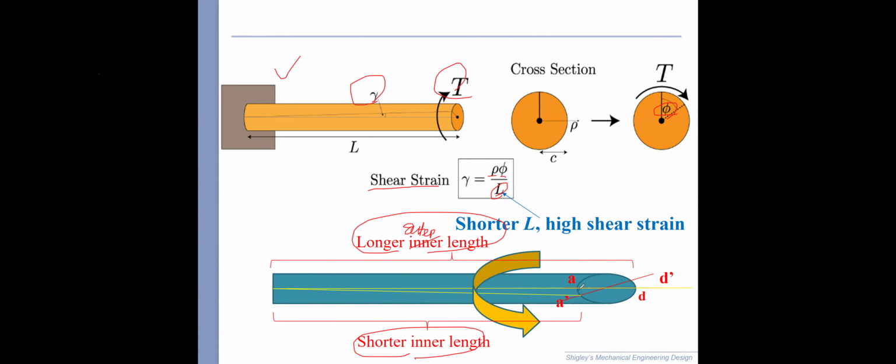So we get the difference between the Ri and Ro, right? I already mentioned this previously. So if we have a shorter length, the inner length, and we get a higher shear.